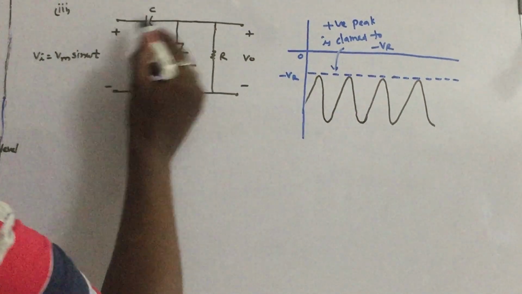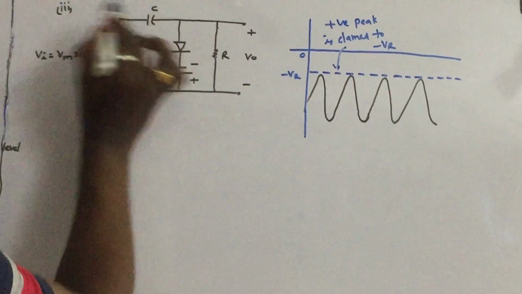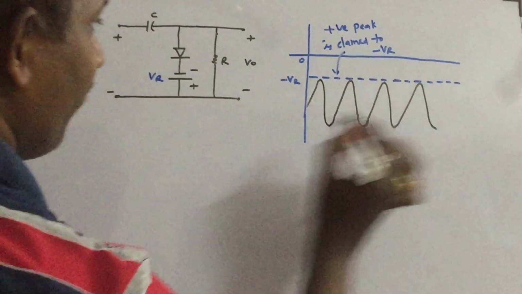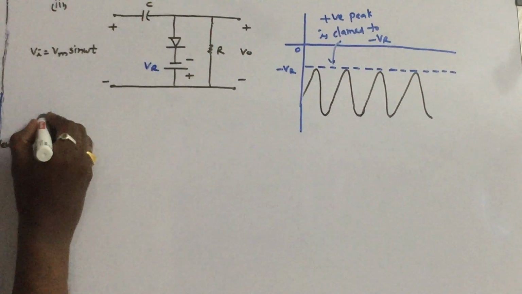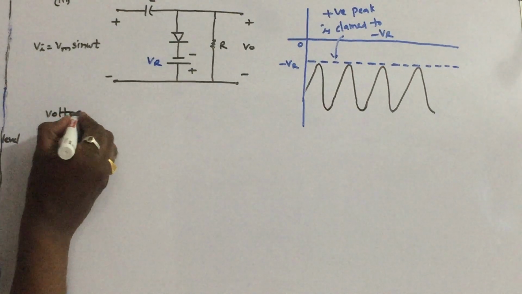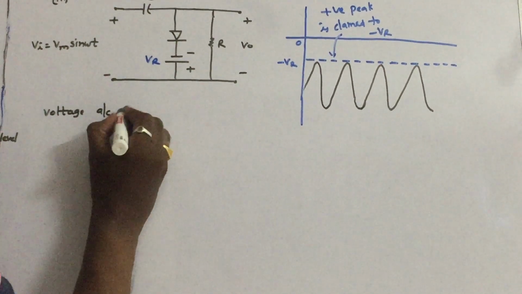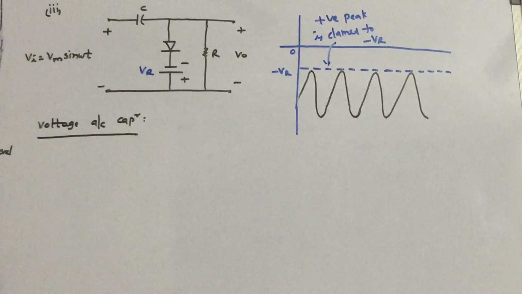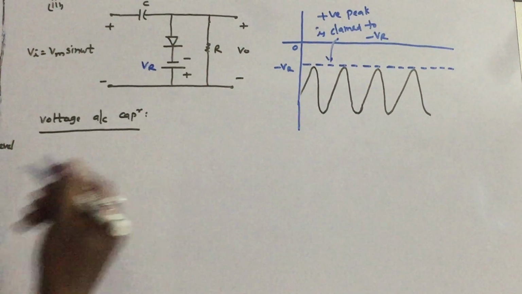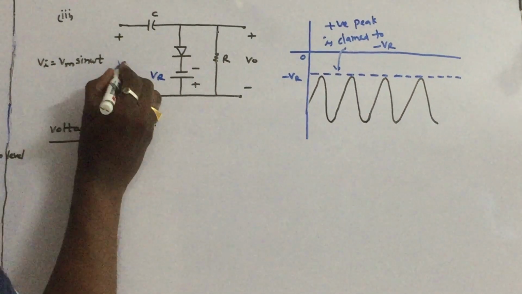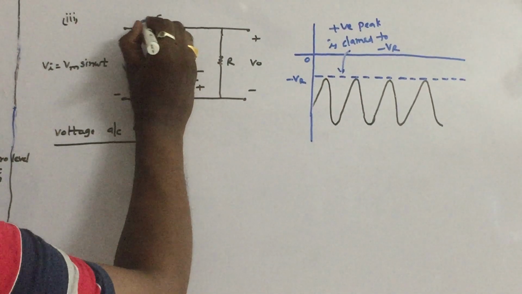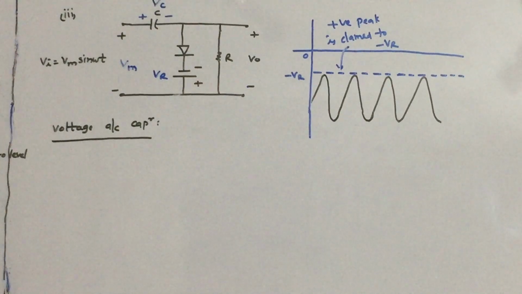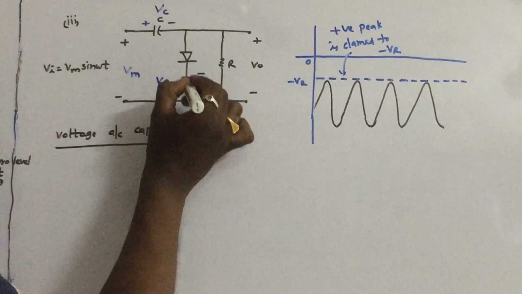Now again, what is the voltage across the capacitor and what is the output voltage expression? Let us see what the DC level is now. First, the voltage across the capacitor, that is, what voltage it will charge to. For this purpose, as I said earlier, take the maximum input voltage Vm. The capacitor will charge like this with this polarity. Let us call the voltage across the capacitor Vc.